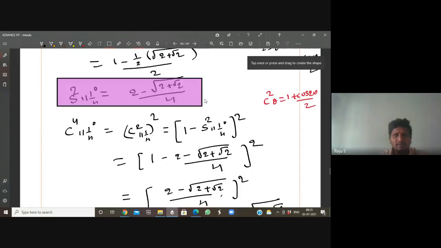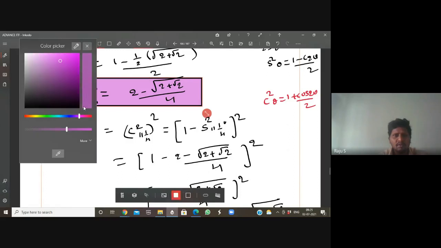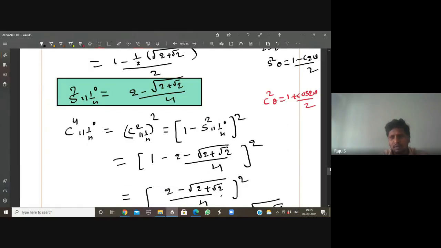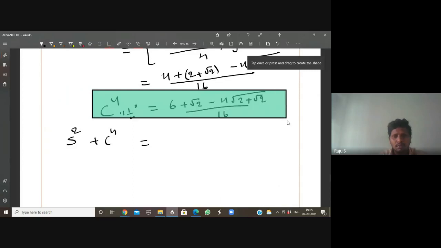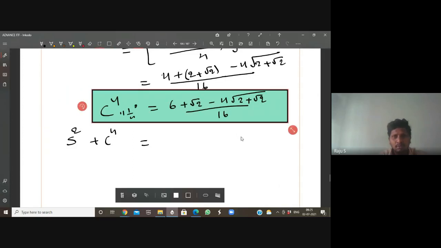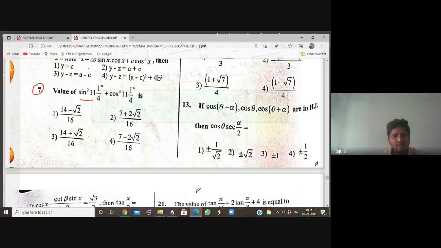All of you simplify this fast. Add both the values and simplify. Tell me which one of the following options is correct.